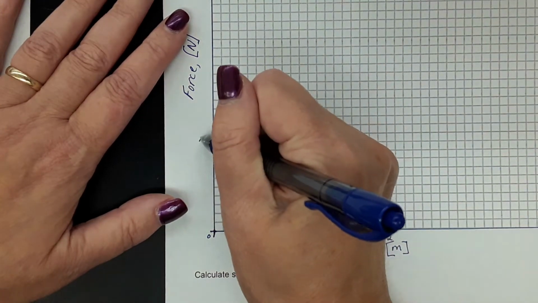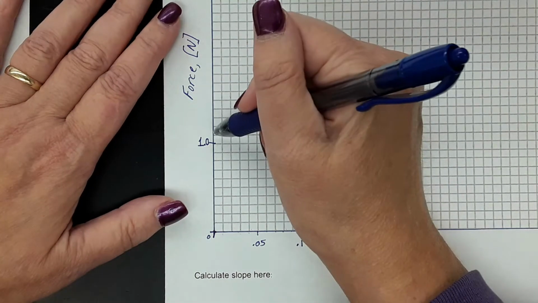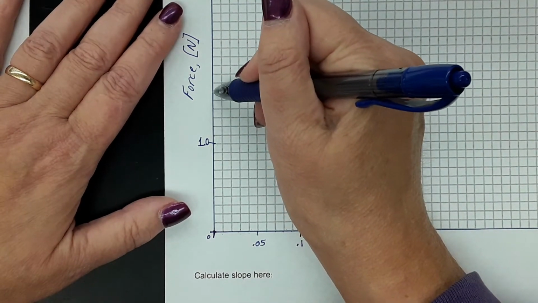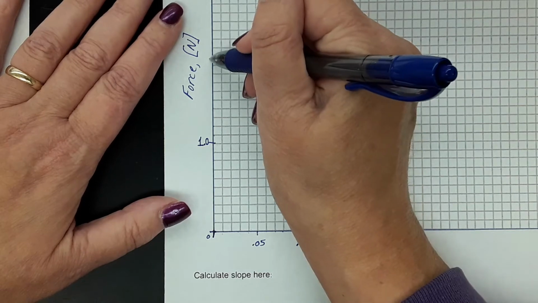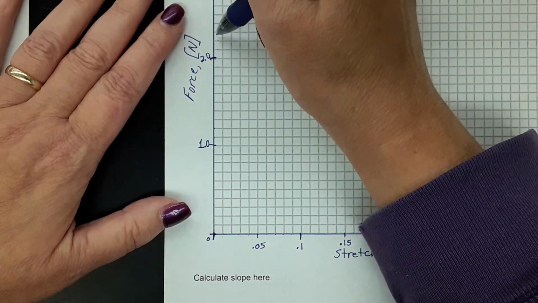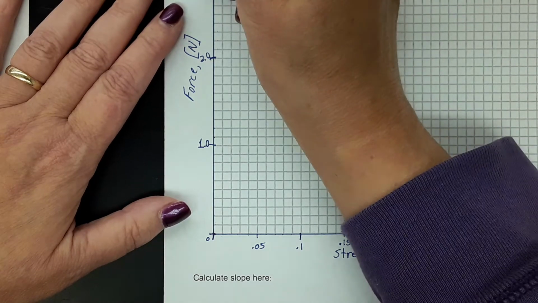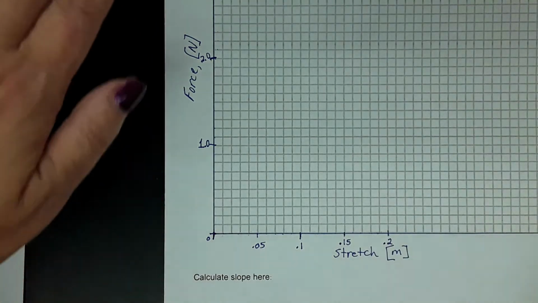We'll make that 1.0. And then 10 more squares, and we're going to make that 2.0. Another 10 squares, there, that'd be 3.0.